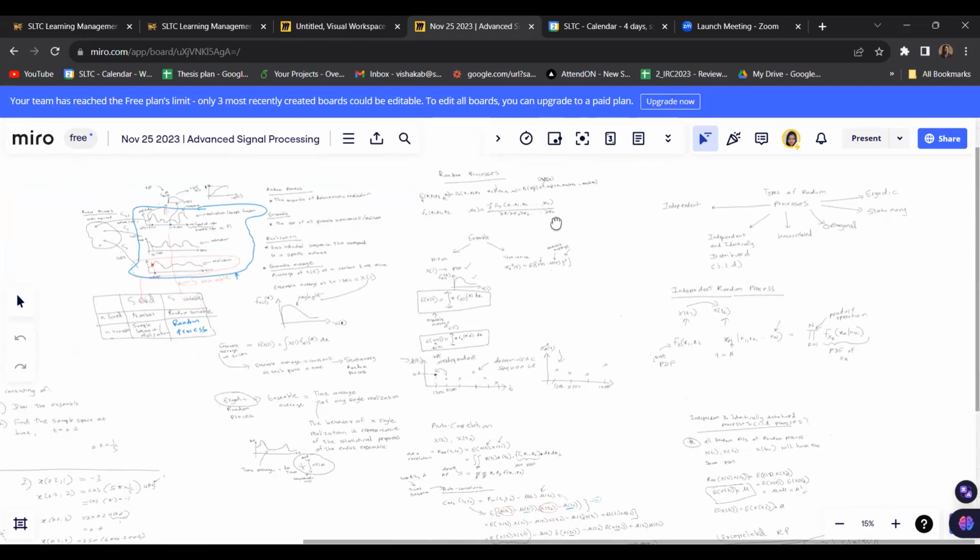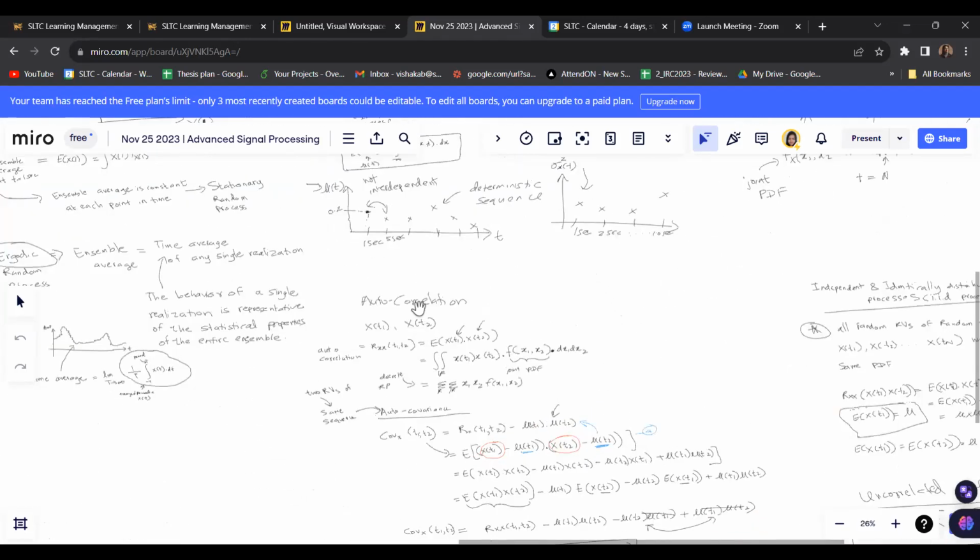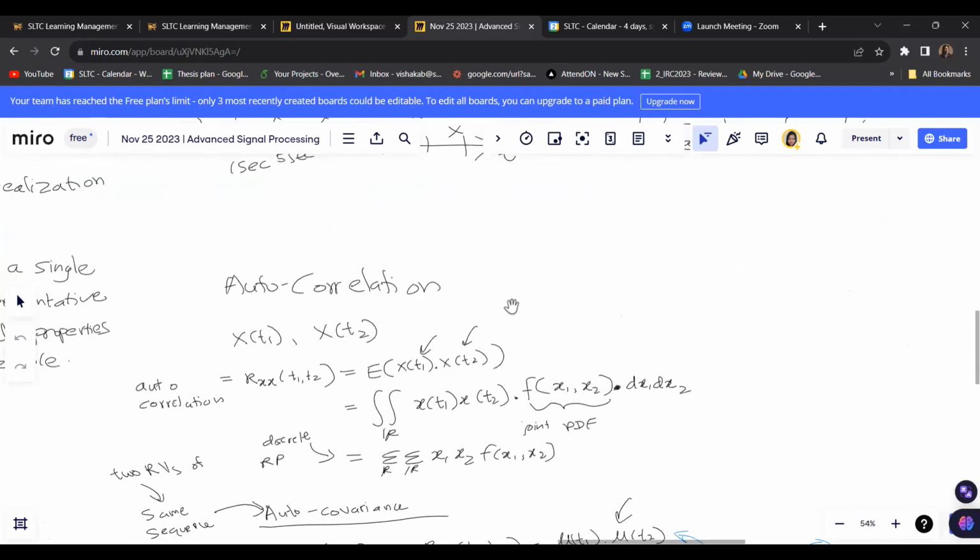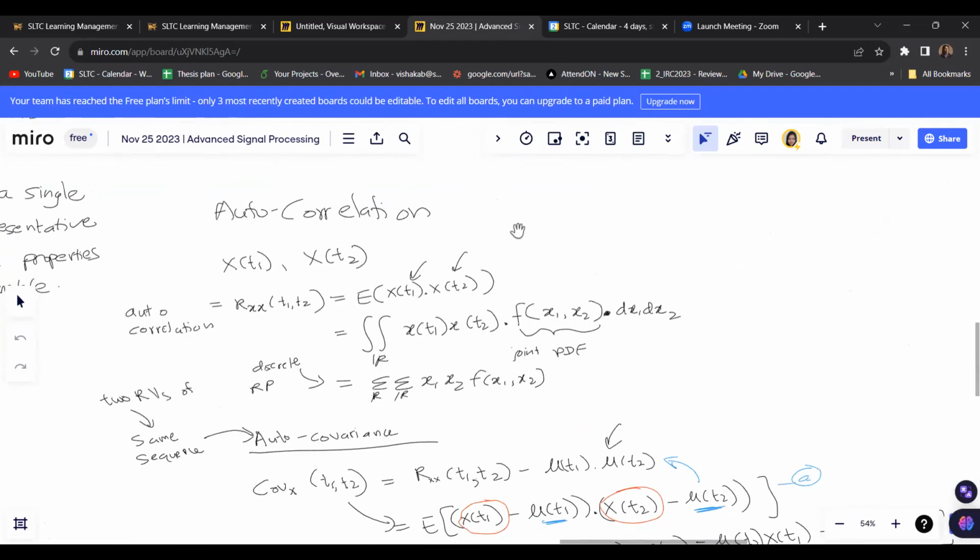Apart from those definitions, we discussed something called autocorrelation. So autocorrelation is the process of finding similarity between two time instances of the same signal, right?